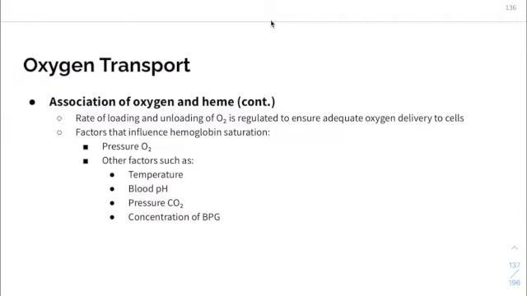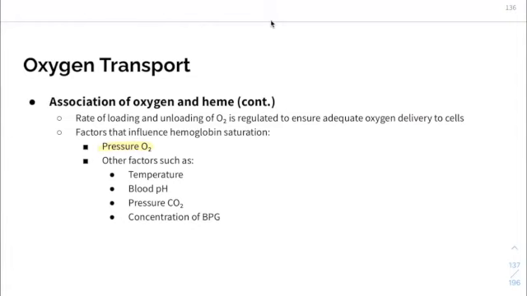So that rate that oxygen is being let off into the tissues, sent off to the cells, depends on how saturated that hemoglobin is. What is that pressure for oxygen in that specific tissue? Is that pressure gradient steep or is it pretty narrow?